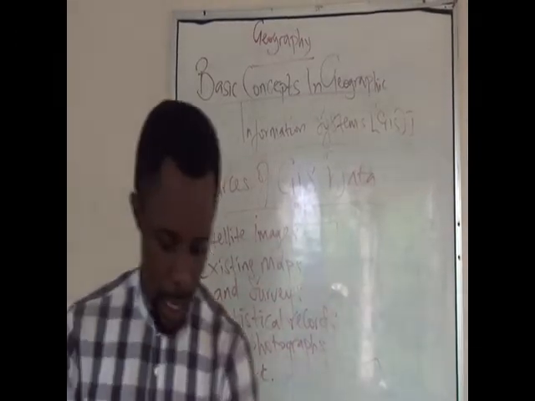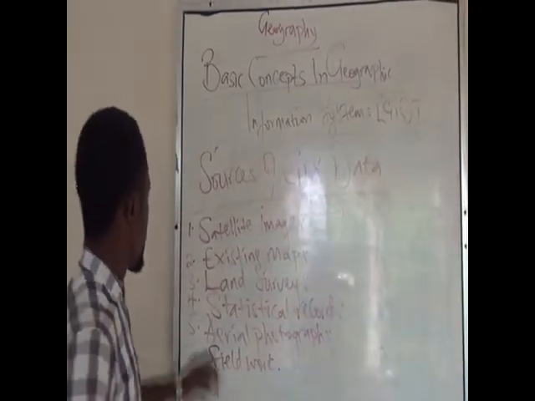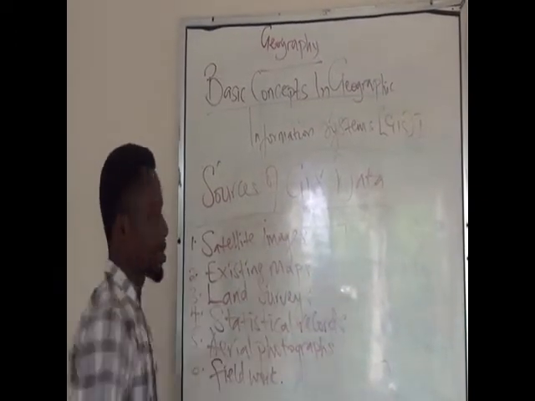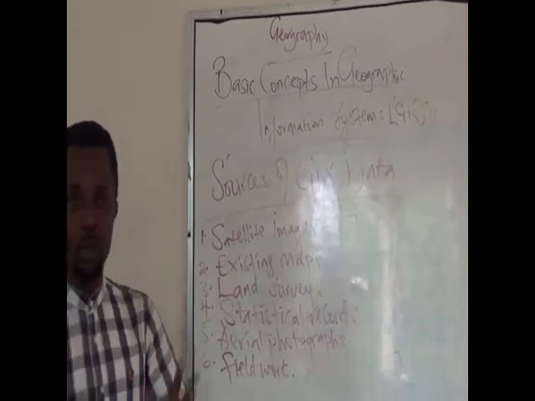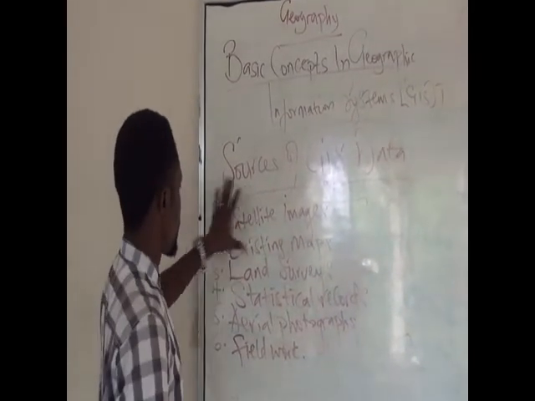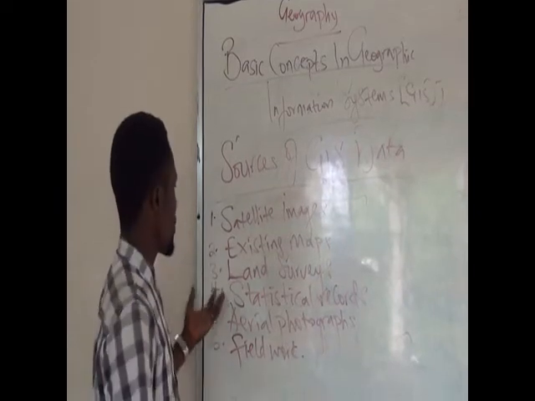Alright, these are six key sources of GIS data. Whatsoever GIS information can be gotten from any of these.